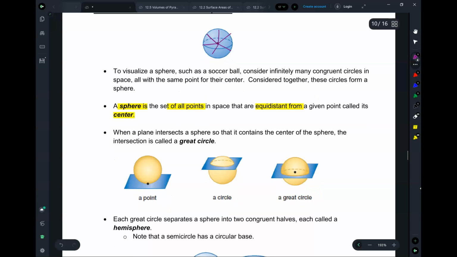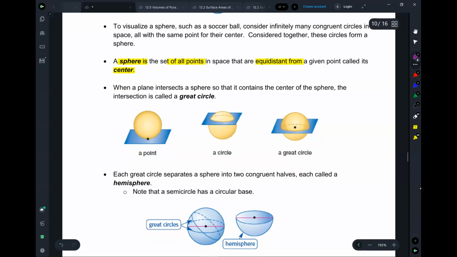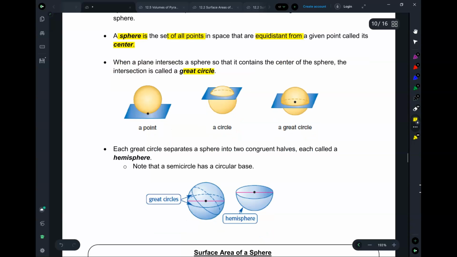Okay. When a plane intersects a sphere so that it contains the center of the sphere, it is called a great circle. So take a look here. You have a sphere, and then you've got a plane. In the first one, it's intersecting the sphere at one point only. Here, it intersects it here. And do you see how the surface where the plane cuts that sphere is a circle, right?